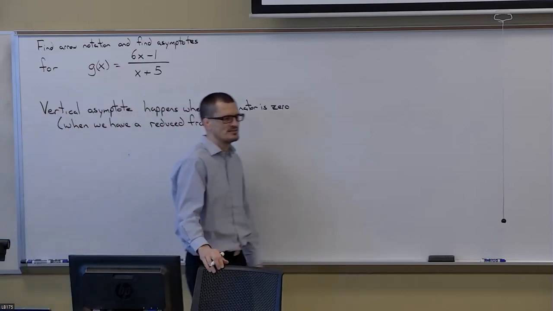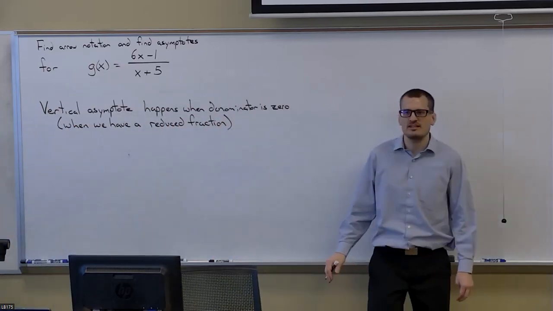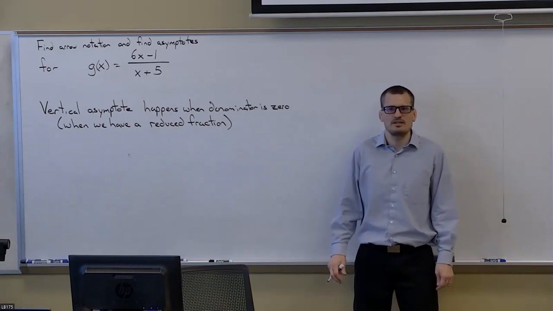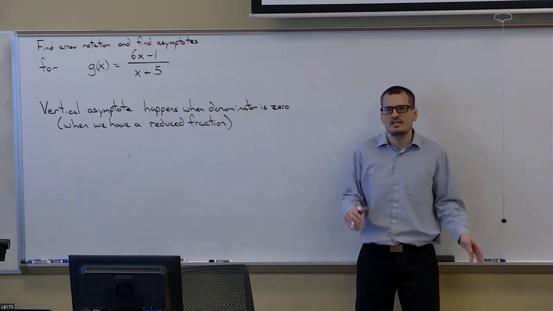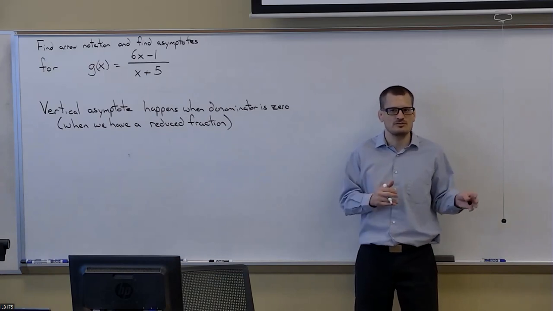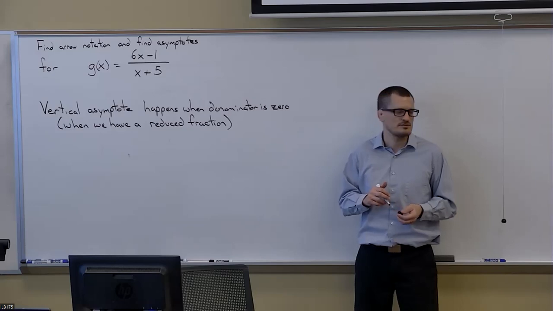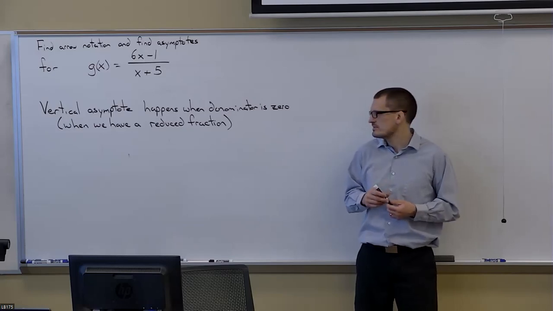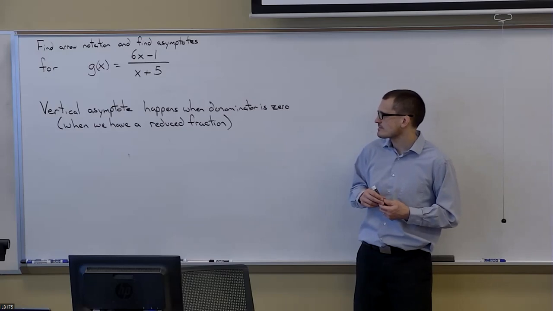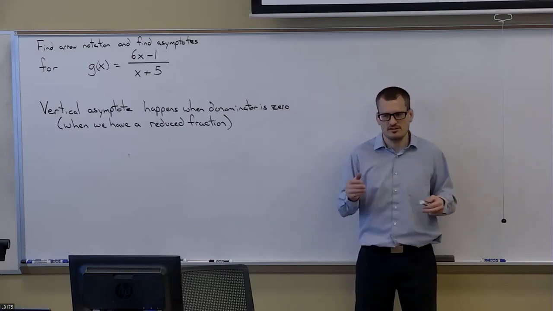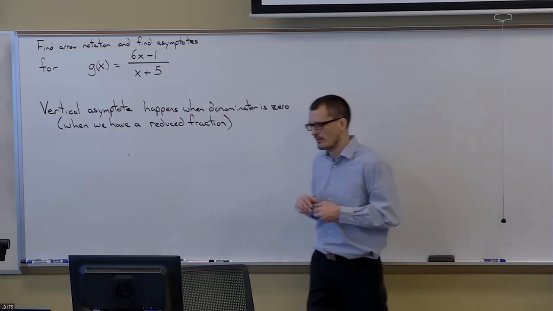But if you're moving along and you say, hey, in Math 124, I learned that denominator 0 means asymptote, yes, in the reduced fraction version of whatever rational function we have. So this one doesn't have any common factors that you can factor and cancel out. That's my point there.